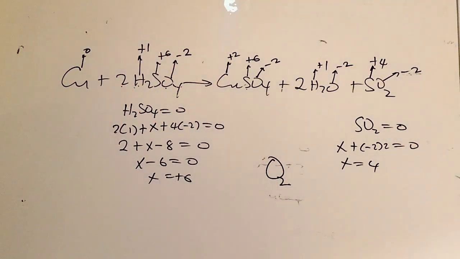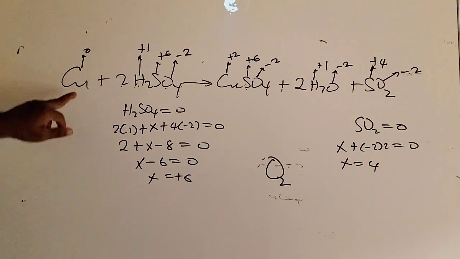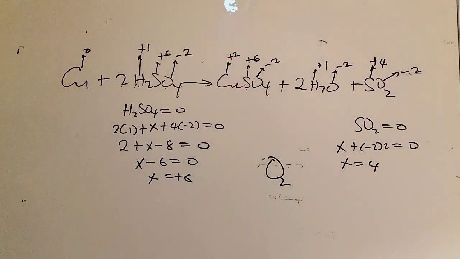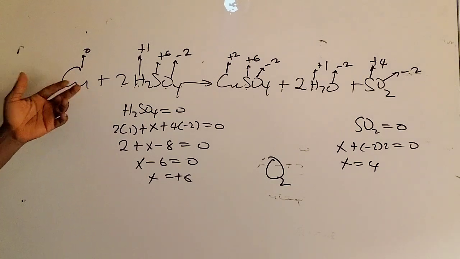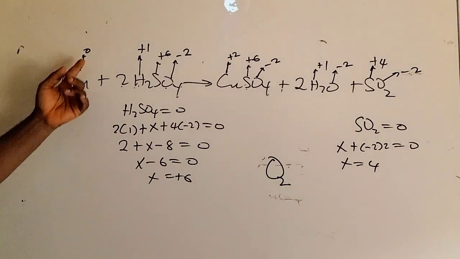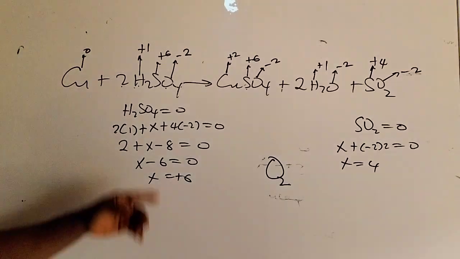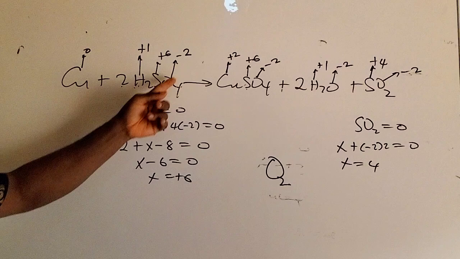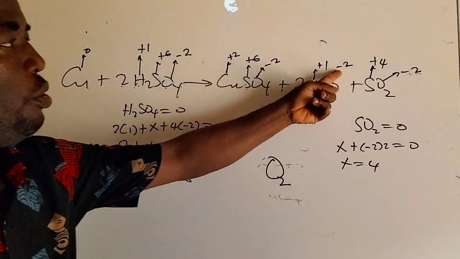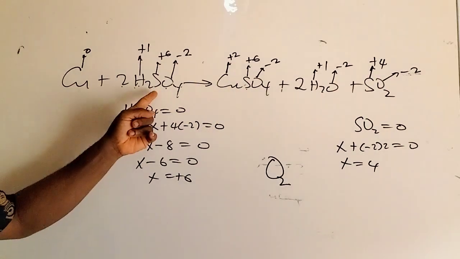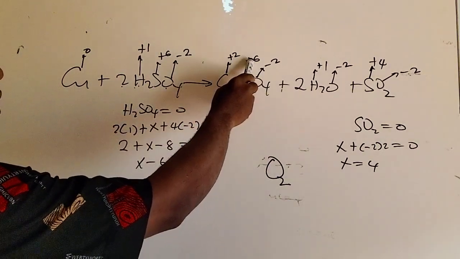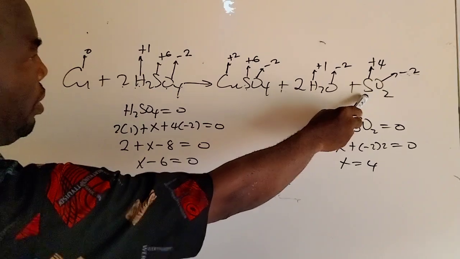So having done that, now copper has gone from 0 to an increase. That means this copper has undergone oxidation, 0 to plus 2. Then hydrogen is 1, no change for hydrogen. Let's look at other elements. The oxygen is minus 2, minus 2, minus 2, no change for oxygen. But what are the elements there? Sulfur is 6 here. Here is 6. Is there any place we have sulfur? Yes. Here is 4.